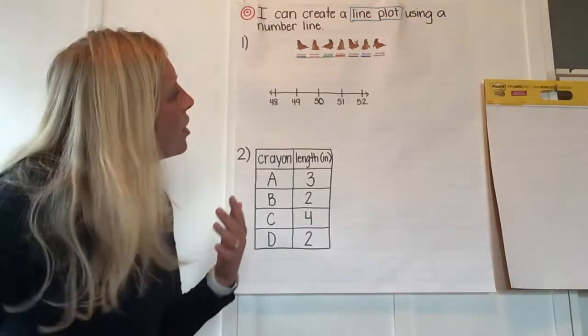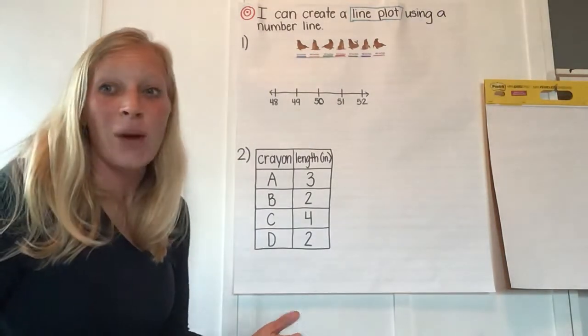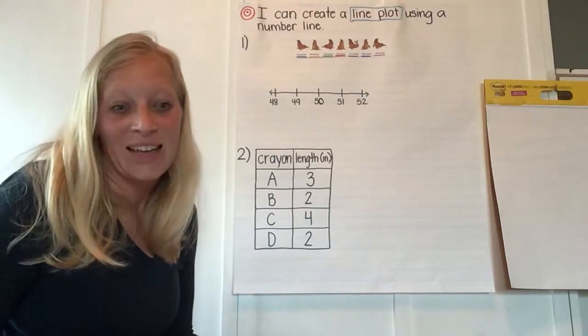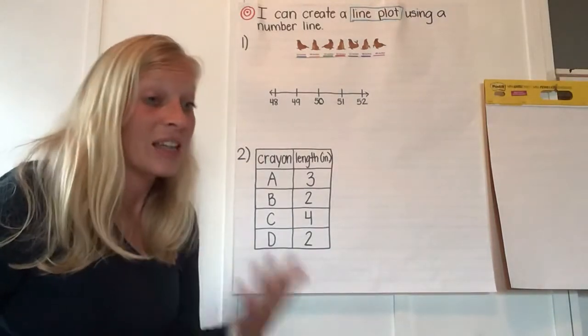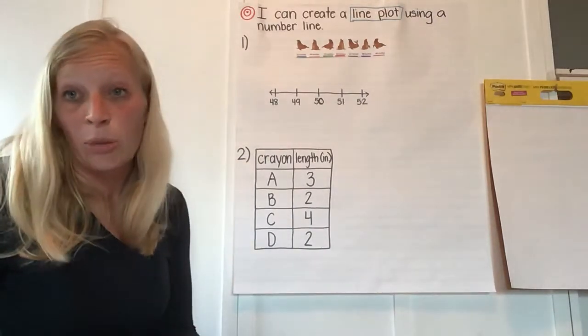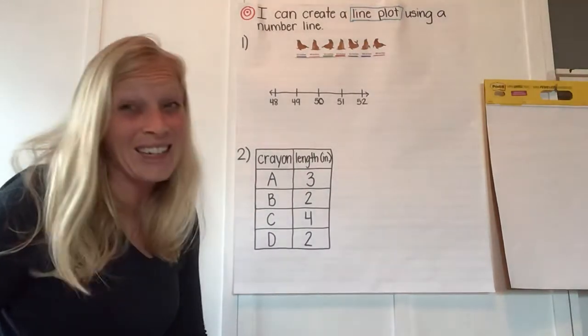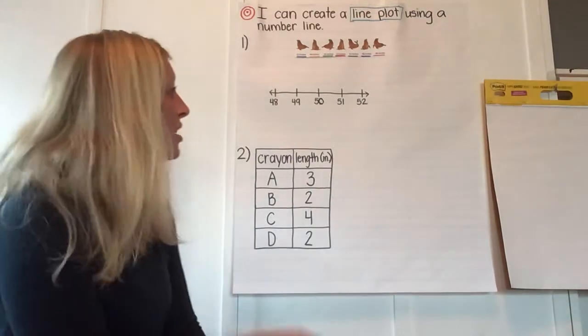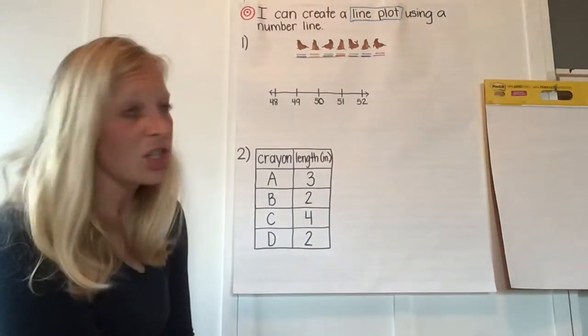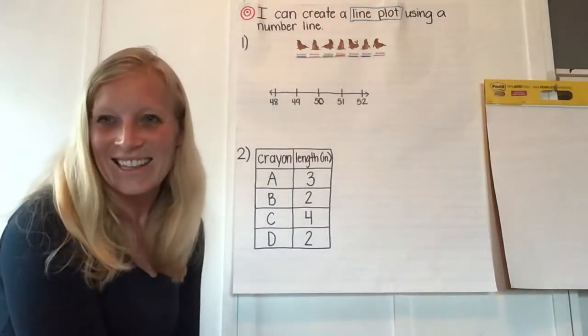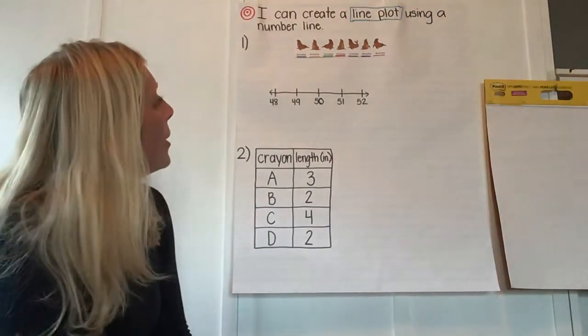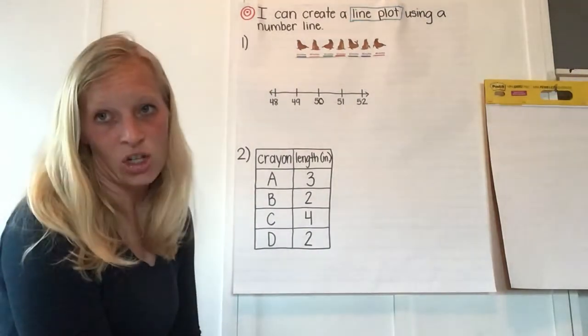Well, this is a tool that's very similar to a graph that we've used to collect data before. Maybe we've used a table or a group of pictures of something to help us collect some data. Well, I'm collecting data here too. And so instead of making jumps, I'm actually going to use little X's to show what information I have.